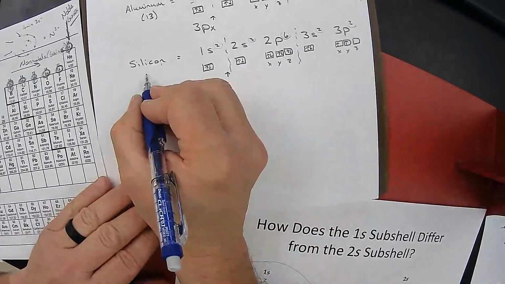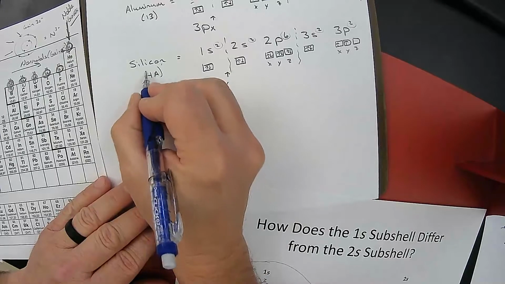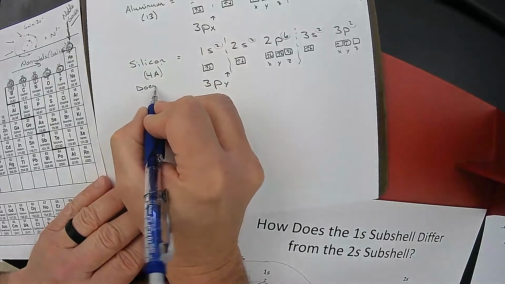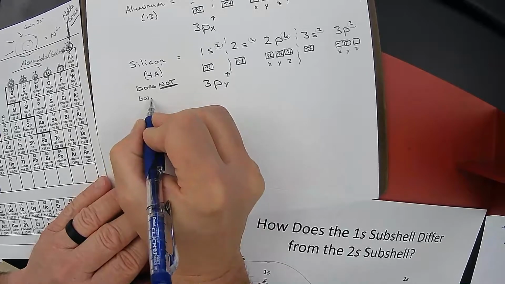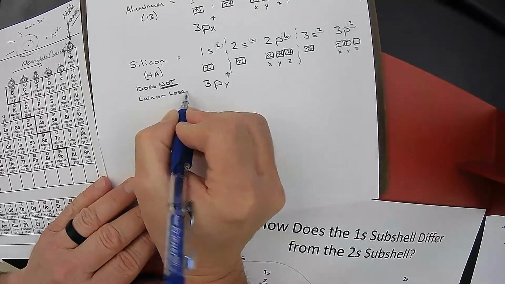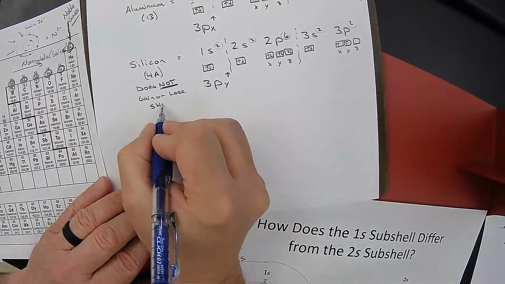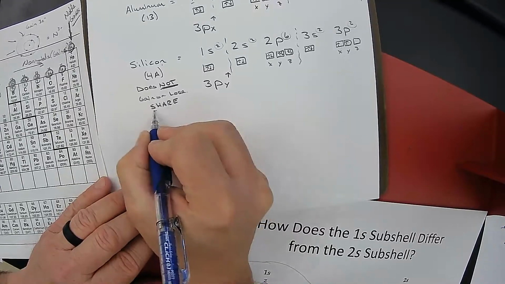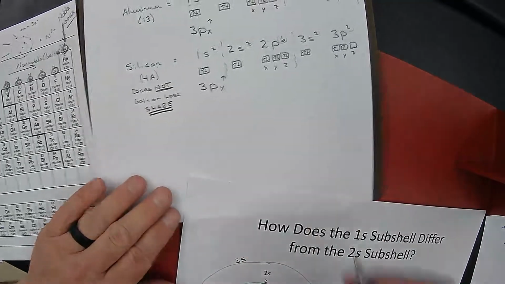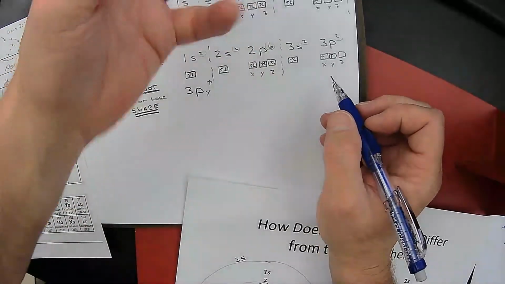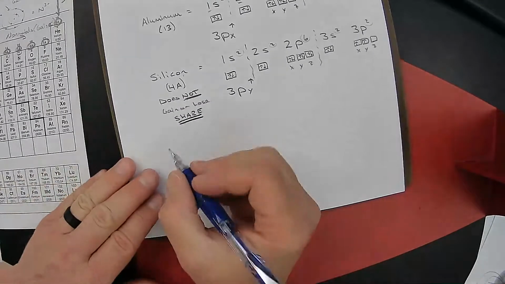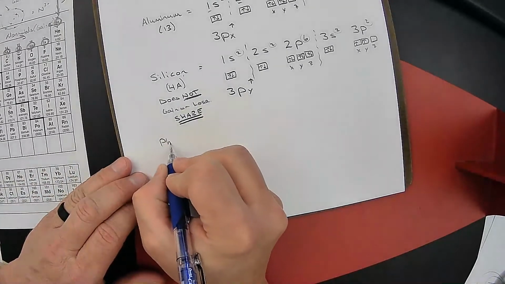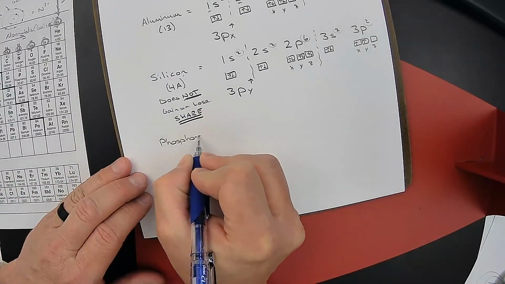It's in column 4A, and we're going to find out it does not gain or lose. It will share electrons. It's right smack in the middle, so it's not going to lose, it's not going to gain. Then the next element is phosphorus.